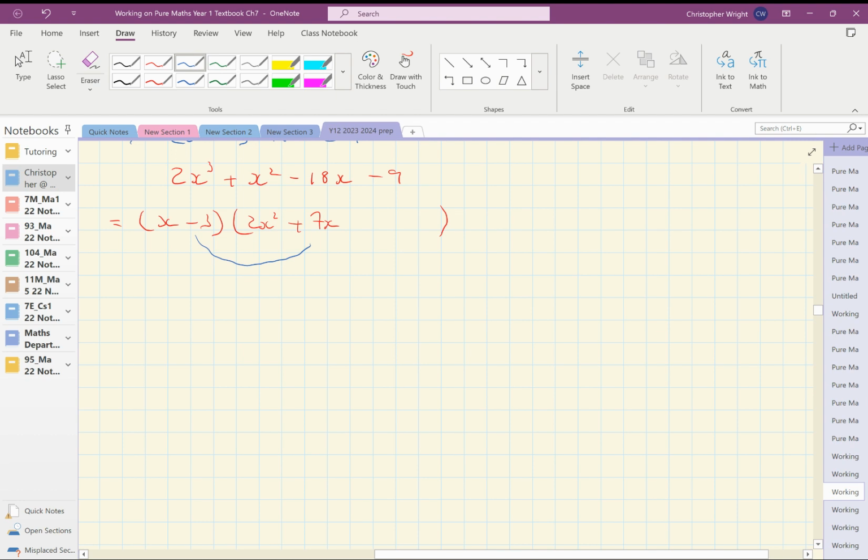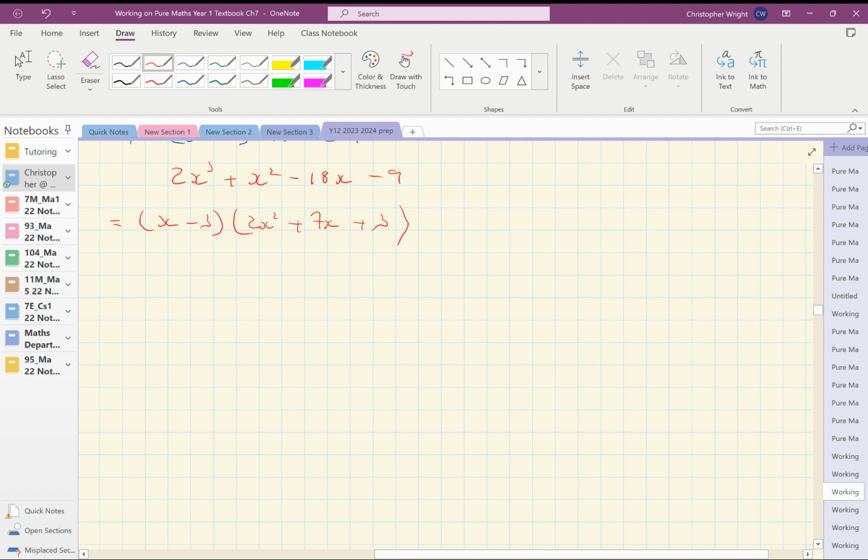And I want minus 18x. So I'm going to need to write plus 3 here, so I get an extra plus 3x from there. But if I write the plus 3 there, then I'm going to end up with minus 9 here, but that's okay, because I've got minus 9 at the end. So I have now split my polynomial into 2 factors.